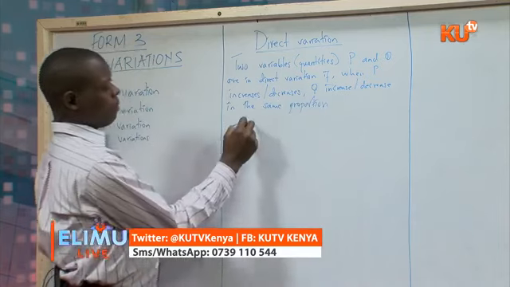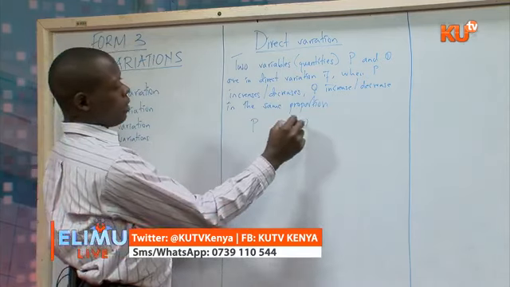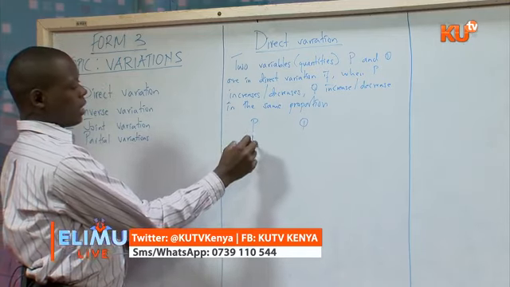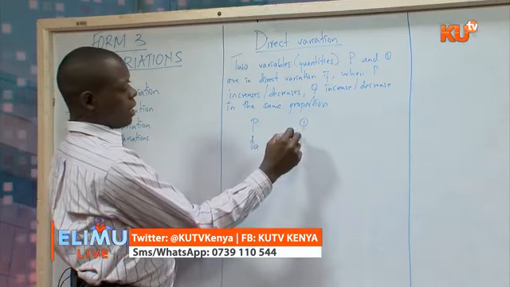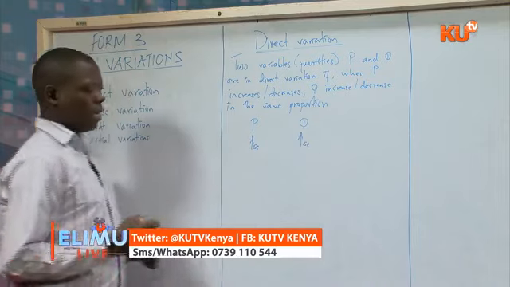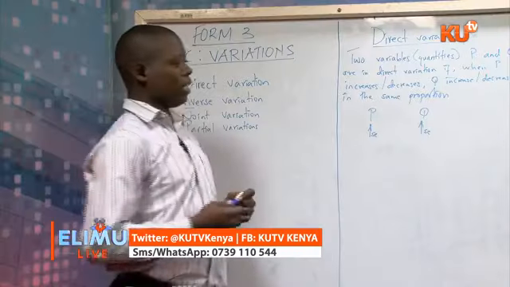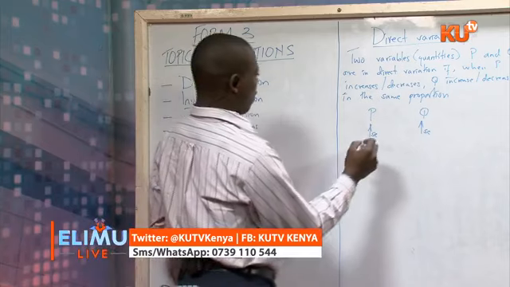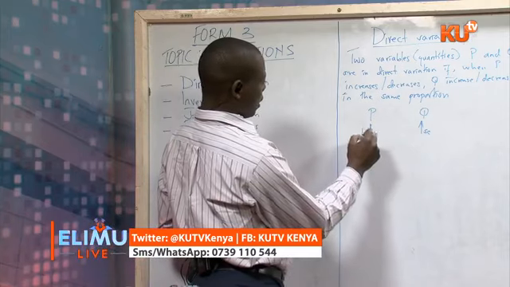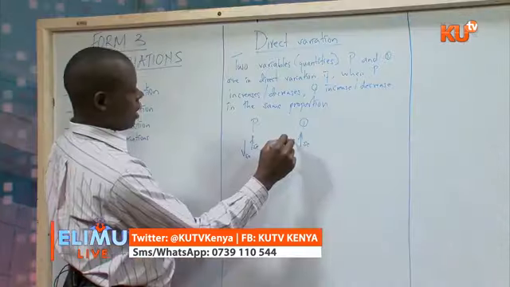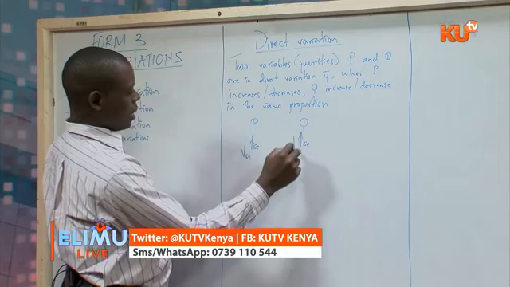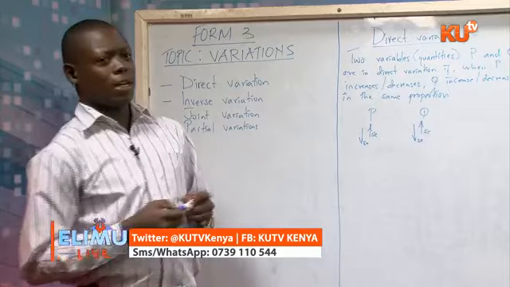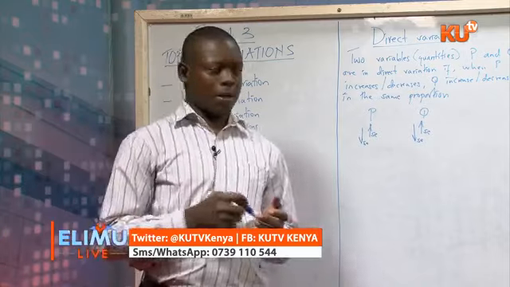What I mean is, if P is increasing, then proportionally Q again will increase. The 2 quantities will be in direct proportion. If Q happens to decrease, then P will again decrease in the same proportion. That is what we call direct proportion.